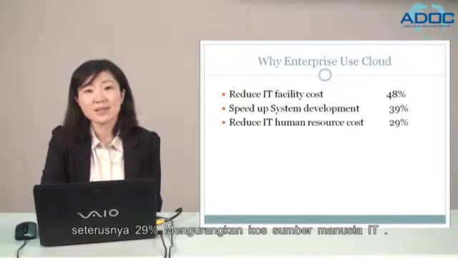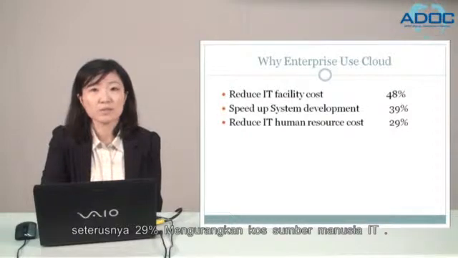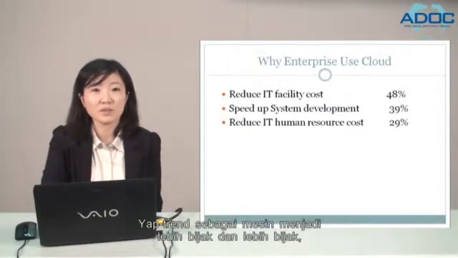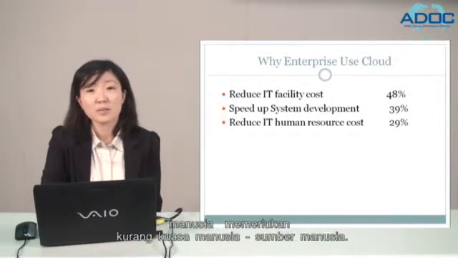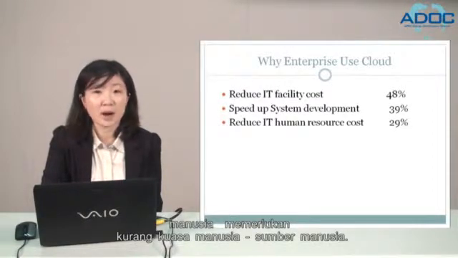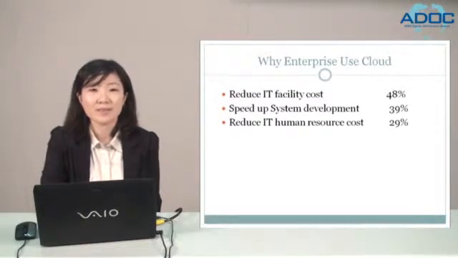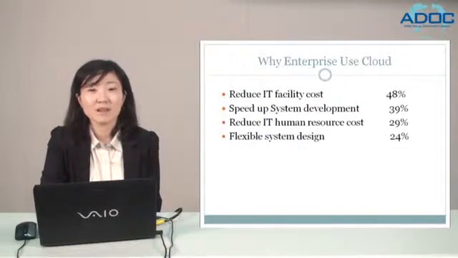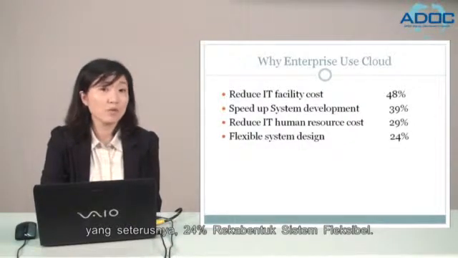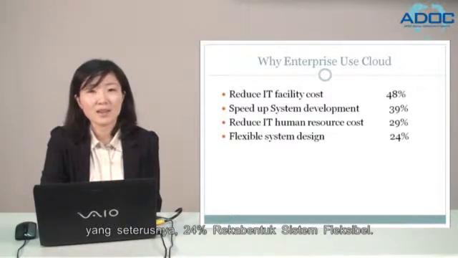The next one is 29%. Reduce IT human resource cost. Yeah, that's the trend. As machines become smarter and smarter, we require less human power. The next one, 24%, is flexible system design.